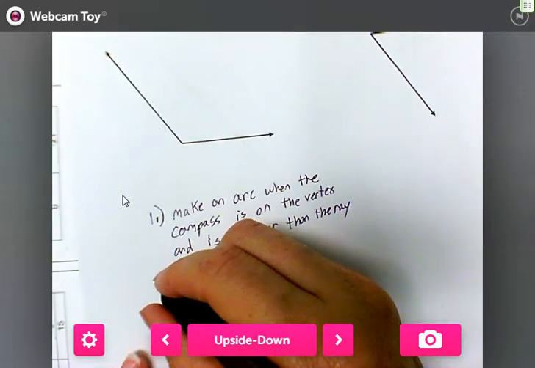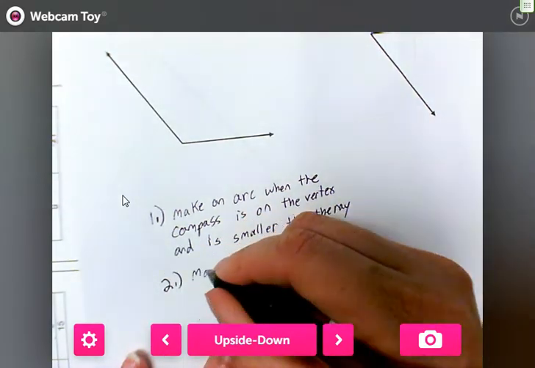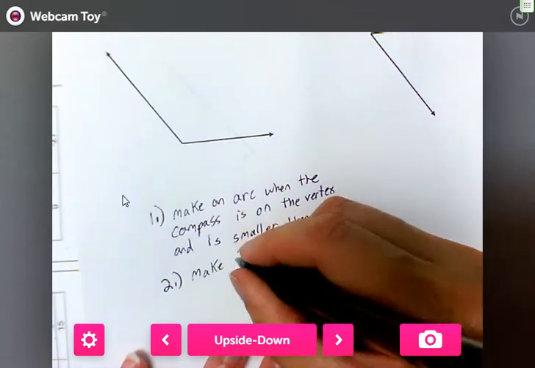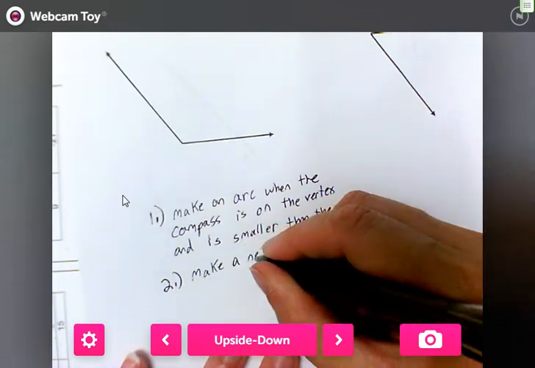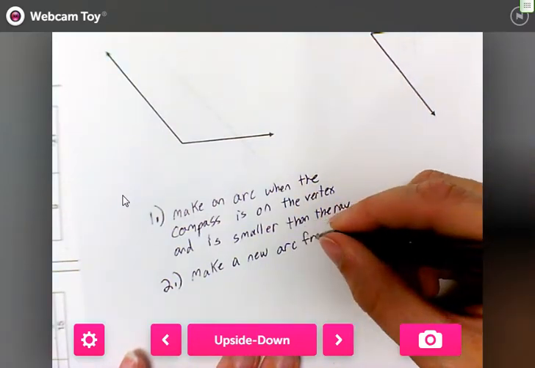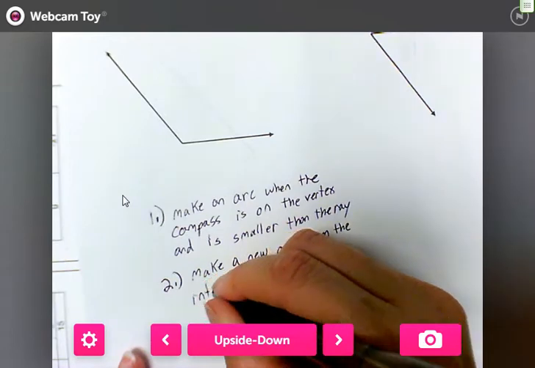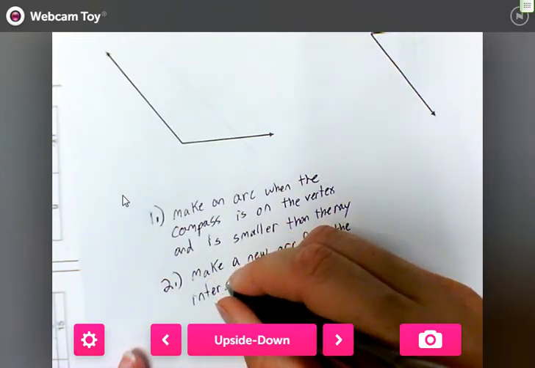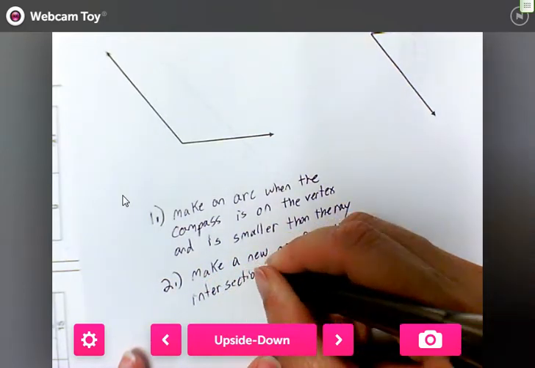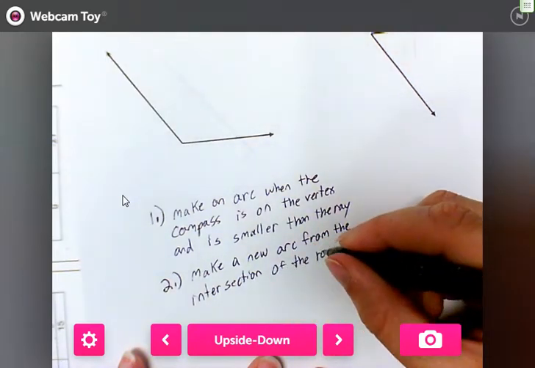Two, make a new arc from the intersection of the ray and the first arc.